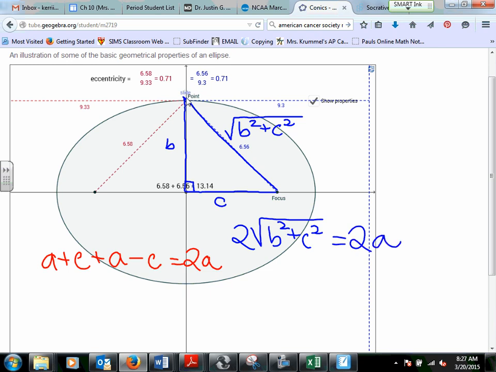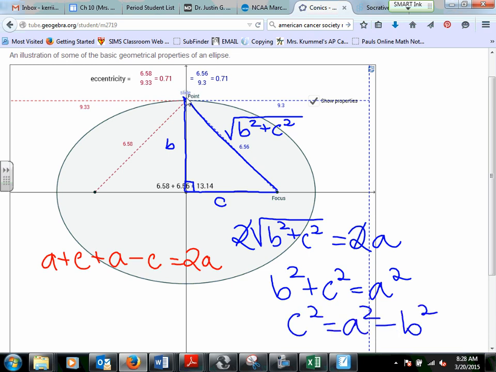So if we solve this and make it look prettier, we can divide by 2, and then square both sides. And there is your C squared equals A squared minus B squared.